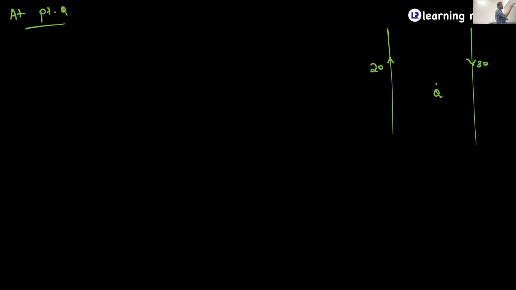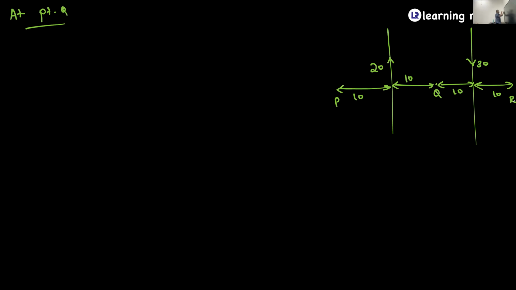There is a point Q here, which is going to be 10 from both. On the left-hand side, it is 10. On the right-hand side also it is 10. So this is Q, this is P, and this point is R. Now our job is to find the magnetic field at point Q.